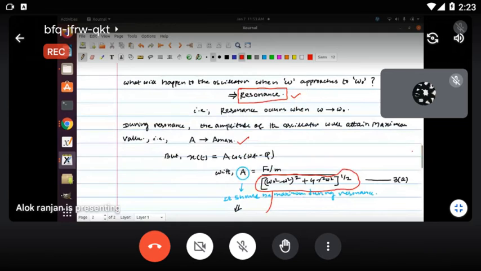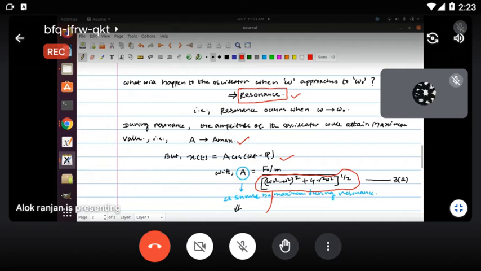Okay, so we have this solution, and as per the definition, the amplitude will be maximum. In this amplitude, cosine of omega naught t minus phi has a maximum of 1 and a minimum of -1. But whether x of t will be maximum or minimum depends on the factor sitting beneath.